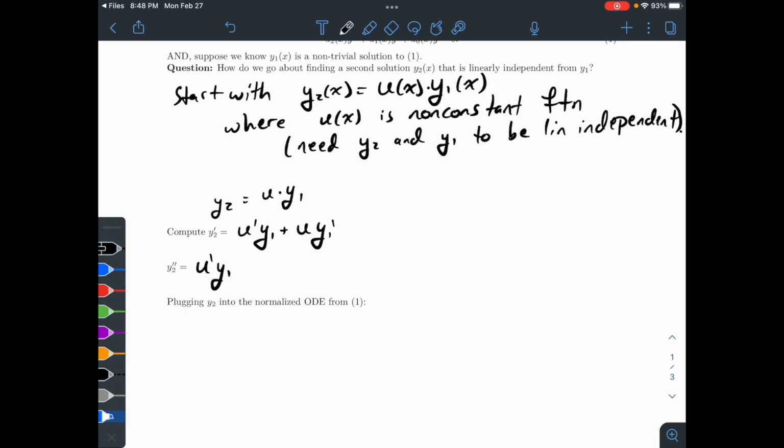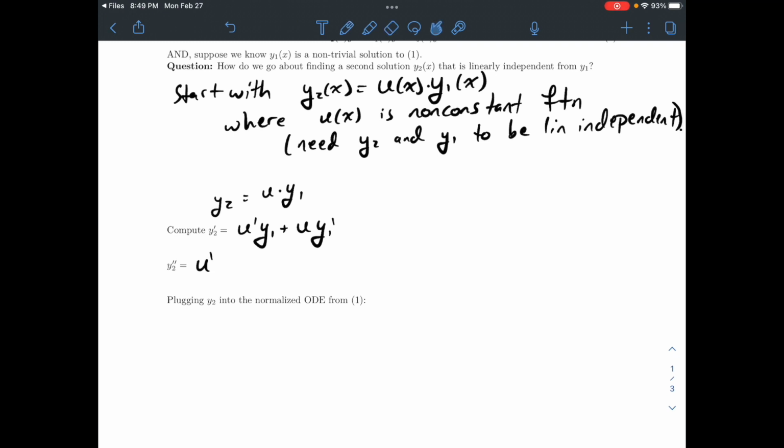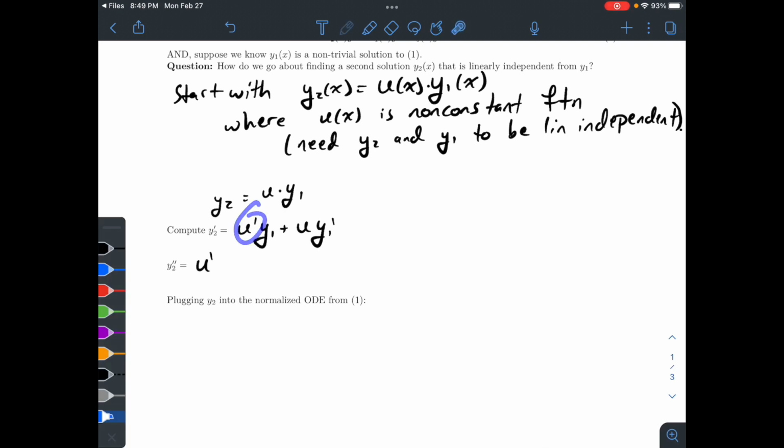We want the derivative of u prime first. The derivative of u prime is u double prime, keeping y1 the same. Then we keep u prime the same and take the derivative of y1 prime. Now we'll take the derivative of u y1 prime. The derivative of u is just u prime, and y1 prime we leave alone.